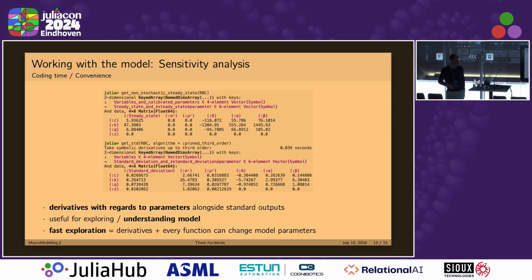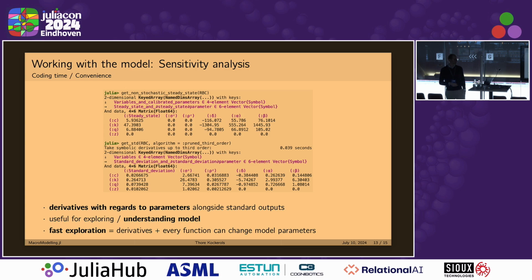But the real thing I wanted to talk about here is the derivatives. Thanks to the infrastructure with regards to derivatives, I mean, I didn't invent them, but just made them available, you can see not only the steady state, but also how the steady state changes for different parameter values. And not only for the relatively simple problem of the steady state, but also through the whole solution of the nonlinear system of equations and linear system of equations. Also, for example, for objects such as the standard deviations.